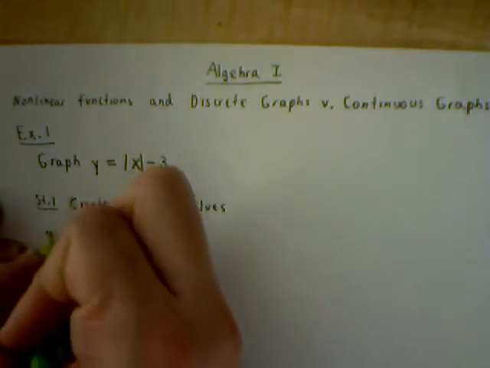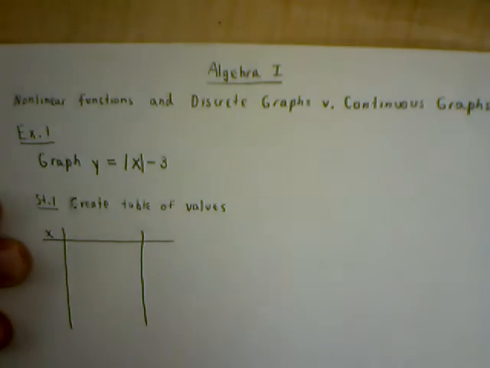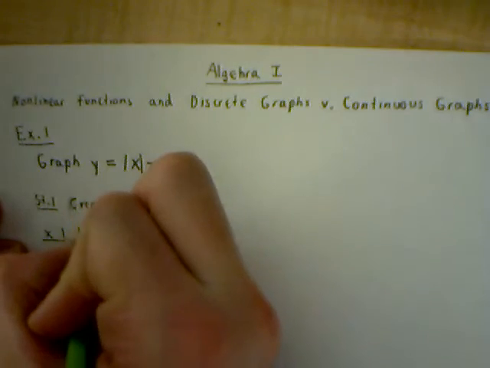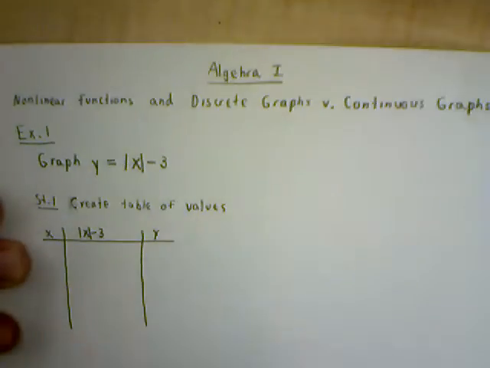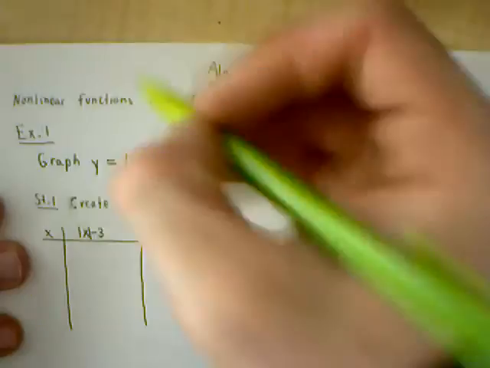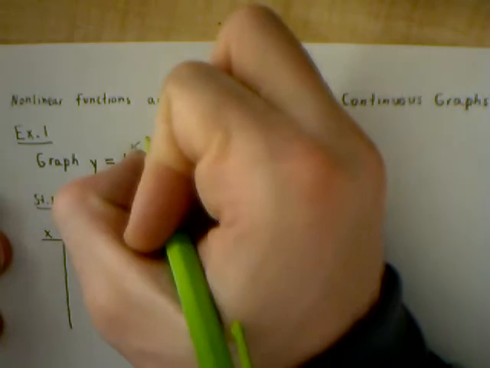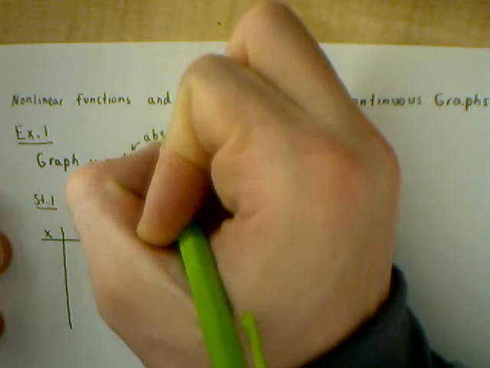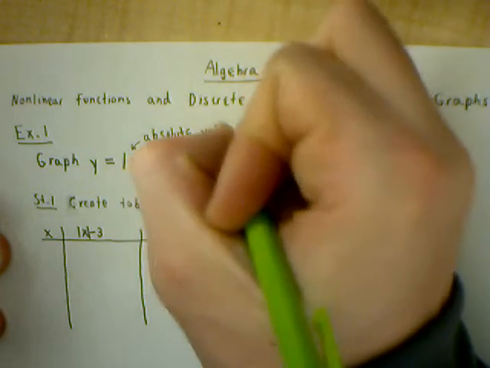Now, the cool thing is for our table of values, my recommendation is just to pick negative 2, negative 1, 0, 1, 2. And I need you to notice here that since we're taking the absolute value of x, we call this an absolute value function.